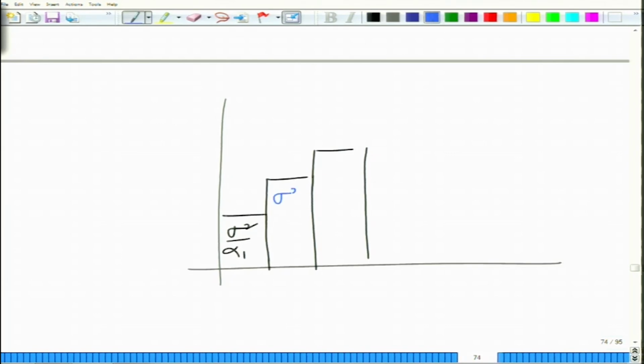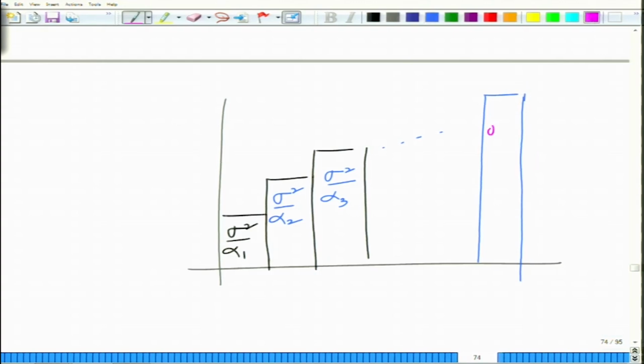This is sigma square by alpha 2, sigma square by alpha 3, and so on and so forth. Remember, alpha is decreasing towards alpha n. So, sigma square by alpha n will be the largest.